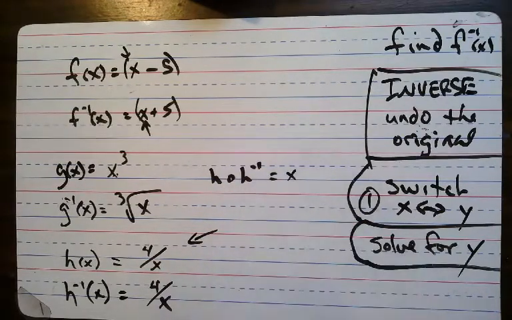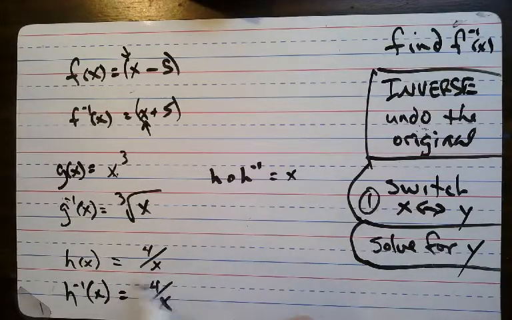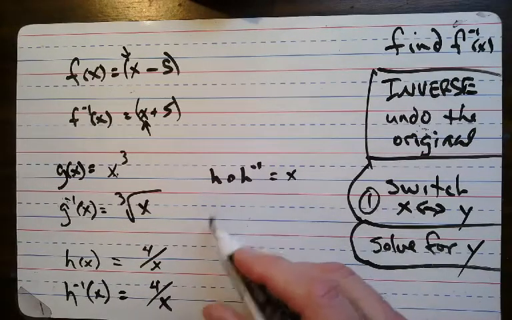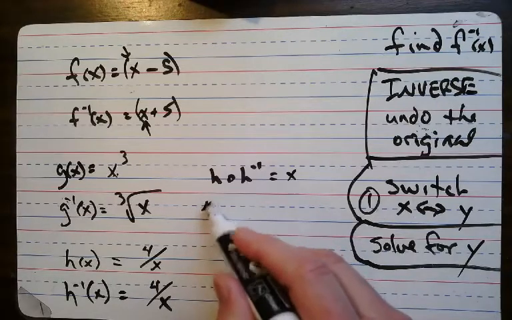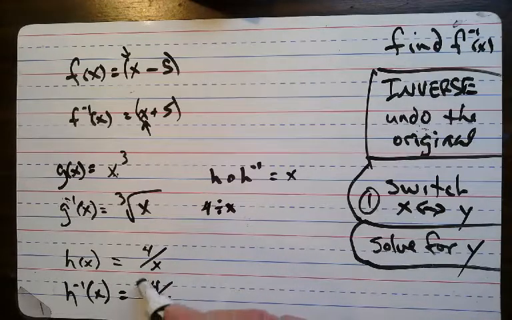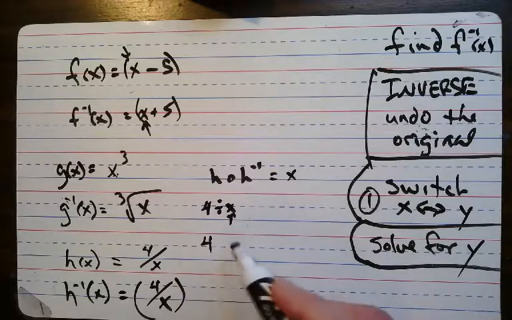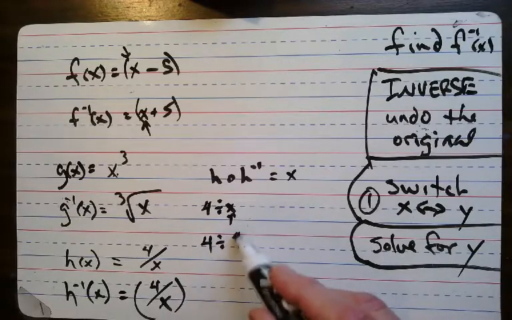This has to equal x, no matter what. So I put a number in here. Doesn't matter what it is. So I'm going to put this one into this one. What I'm doing is taking 4 and dividing by x. That's what this one says, right? Yes? Okay. So if I put this guy into here, then I'm taking 4 and dividing it by 4 over x.